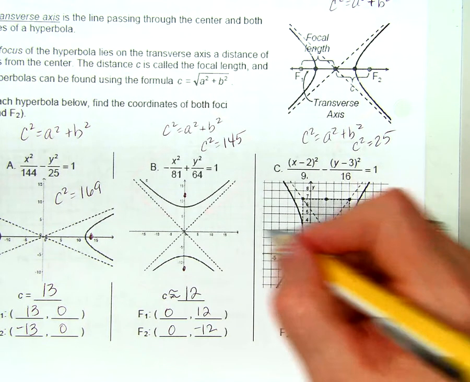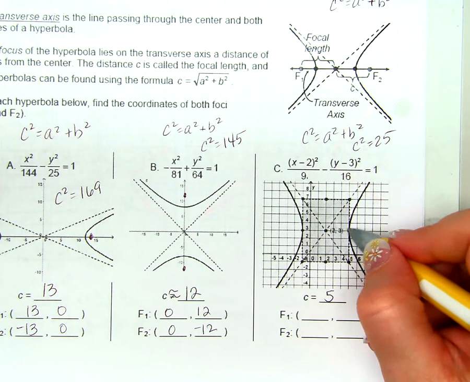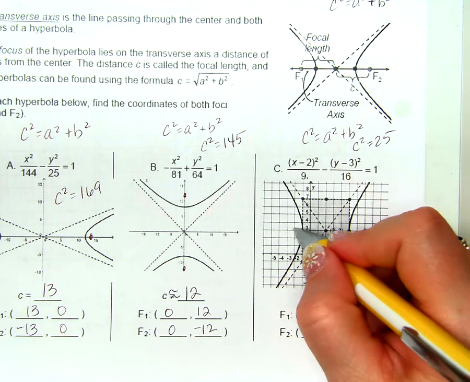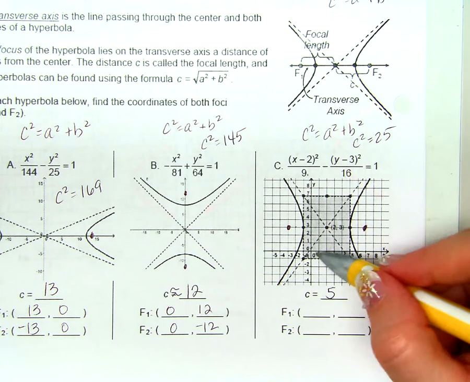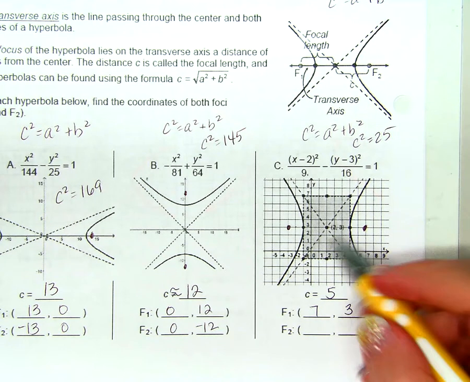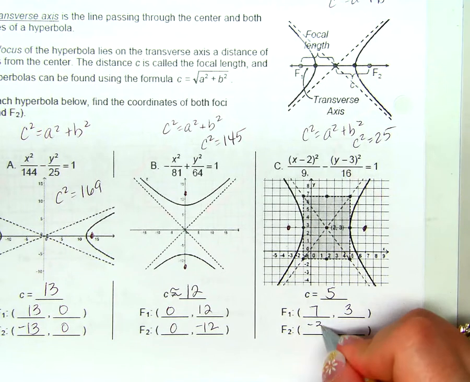Left and right. Isn't that the transverse axis right there? So from the center, I go 5, 1, 2, 3, 4, 5, both directions, right? What points are those? Oh my gosh, this is so hard. 3, negative 3, 3. Done.